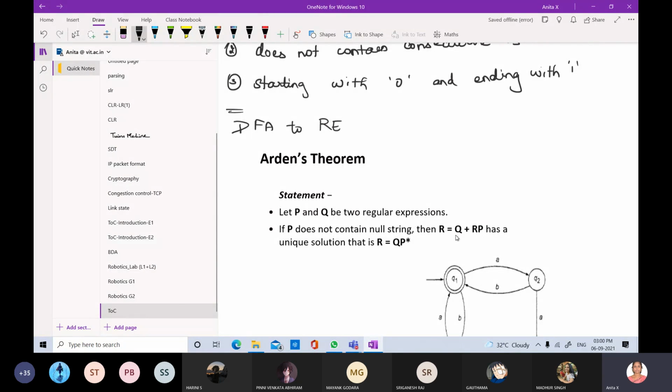If I'm able to derive this equation, then it will have only one solution of this form, and that is going to be a regular expression. Please make a note of it. It will be clear for you when we see an example.